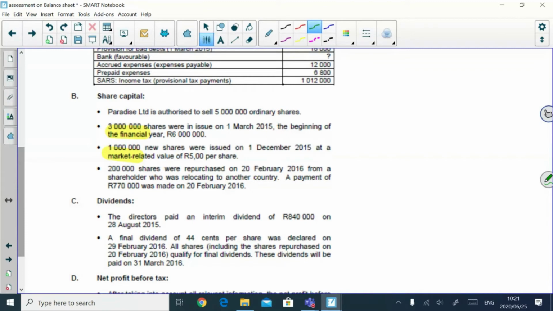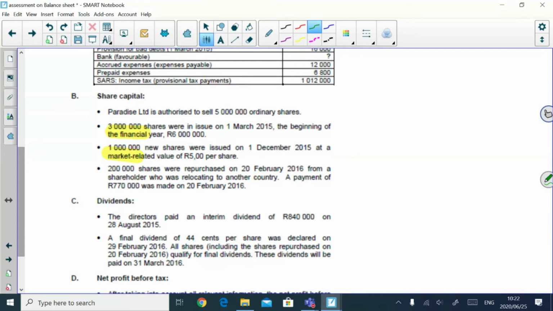On the debit side, our bank will increase also. Remember, our bank is an asset, so money goes in, the benefits are flowing in. That means our assets will increase.